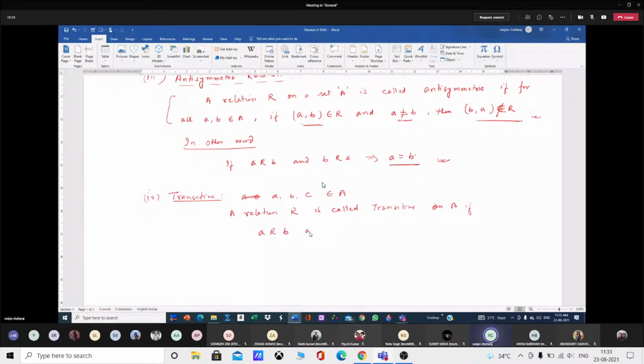Here we can use the connector: A and B, that means this and this, then A must be R related to C.